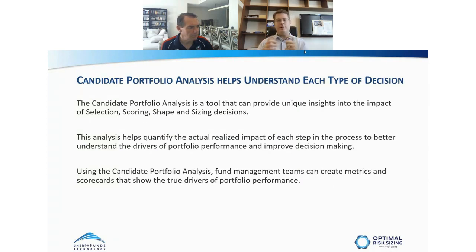Using different metrics, different statistics out of that analysis can help us understand the driver of, is my selection contributing more to my results versus my sizing? Or is the shape consistent with what I want it to look like? Or is the shape maybe giving me a wider box than I necessarily realize?